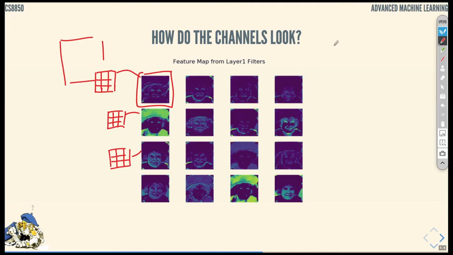Usually we draw those 16 filters when we look at the diagram. We draw them, or the 16 outputs from 16 corresponding filters. We draw them like that, just to stress that they're still two-dimensional.